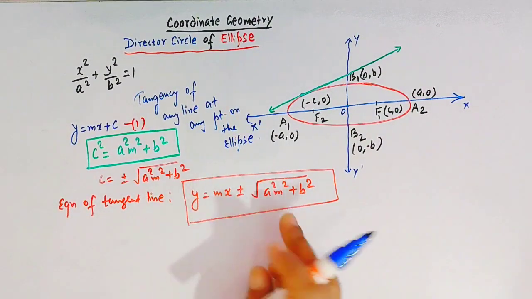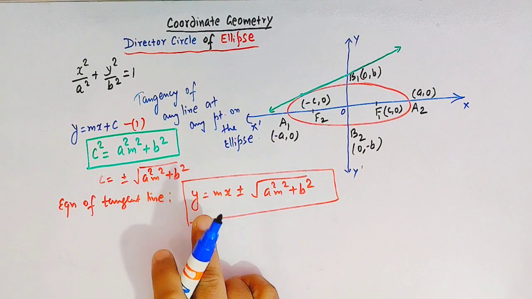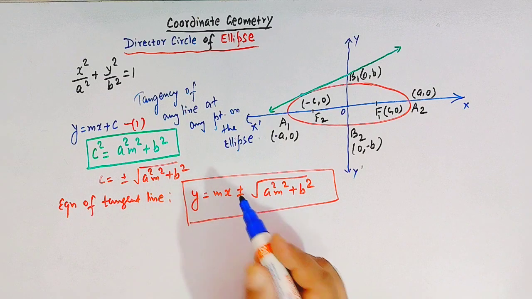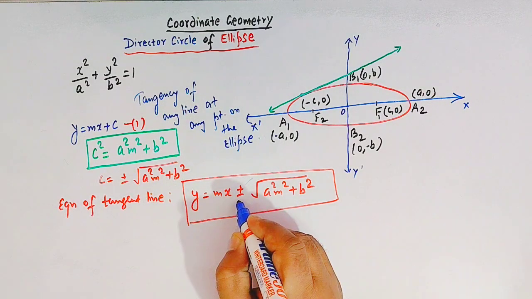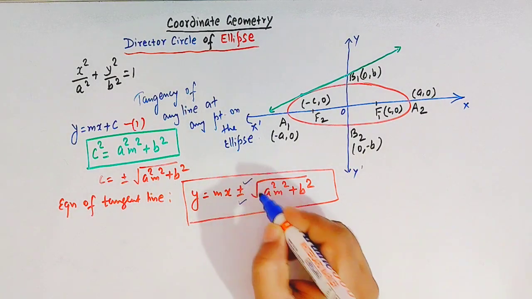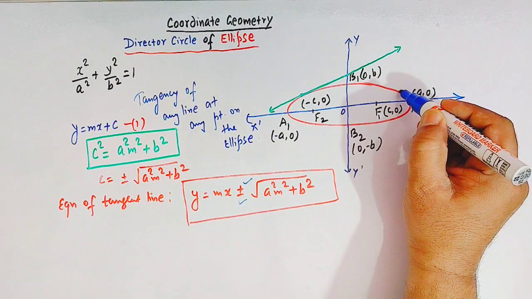So this is the equation of the tangent line to this ellipse. Here we see that we have two equations, two tangent lines. One corresponds to the positive sign and the other corresponds to the negative sign. Now let us consider one more tangent here.